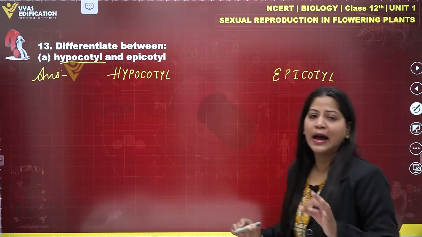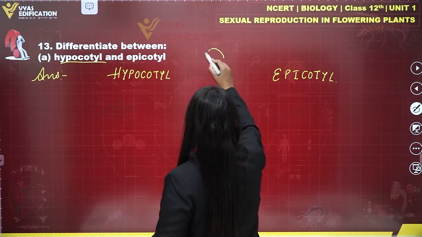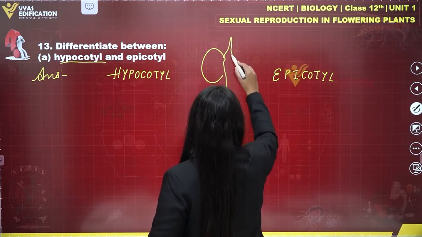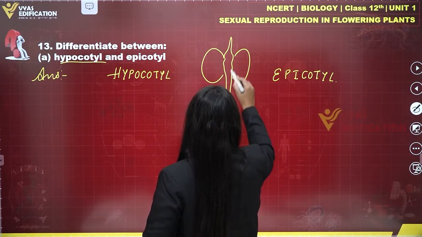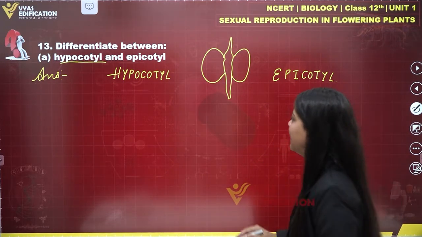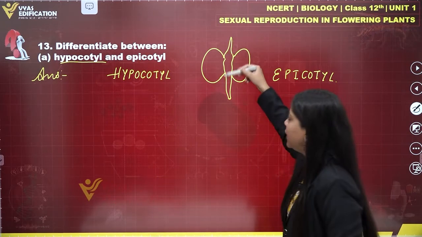The basic diagram of cotyledon and embryonal axis is just this kind of thing. These are the two cotyledons showing dicotyledon seeds. Now this is the embryonal axis, the portion below the cotyledons.